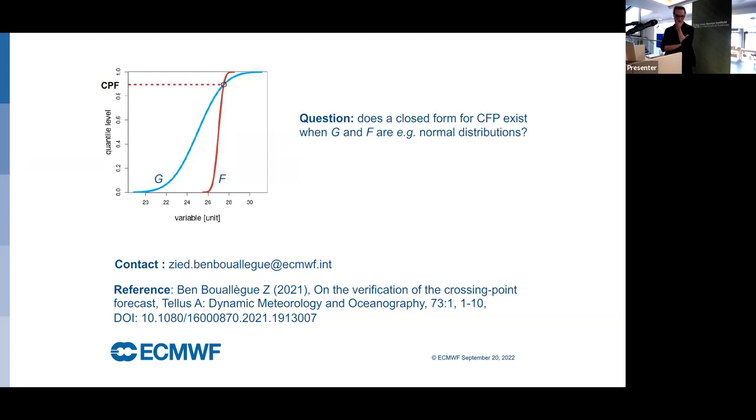Question. Jochen, please. I'm sure you thought about that, but you don't need to necessarily look at the point where the two cross, right? You can also say, well, I'm looking at a situation where the probability of the forecast is a certain percentage of the climatological probability, like 50%.